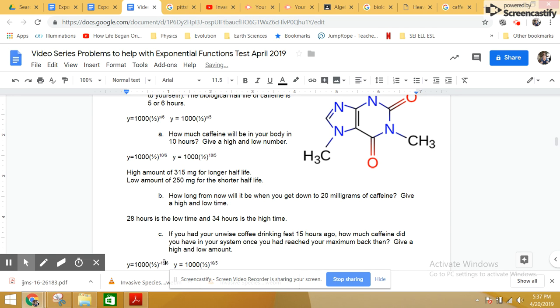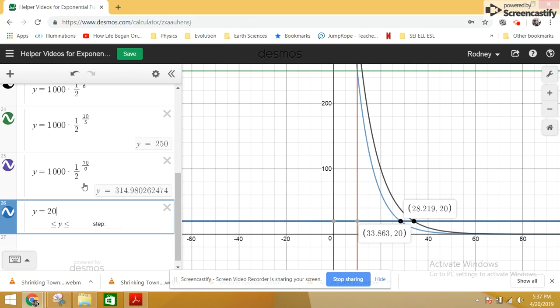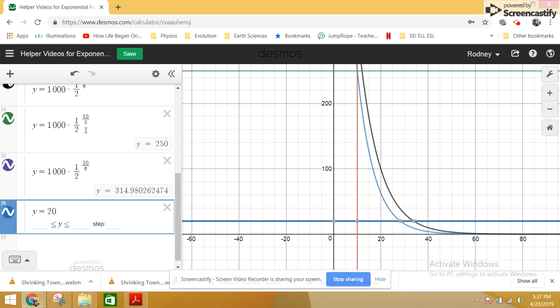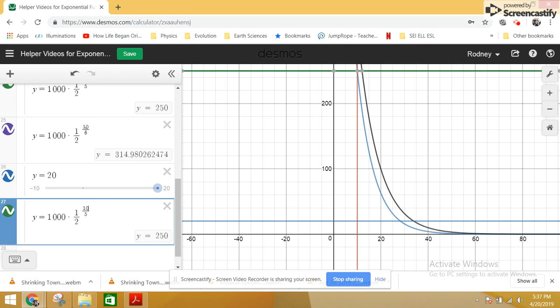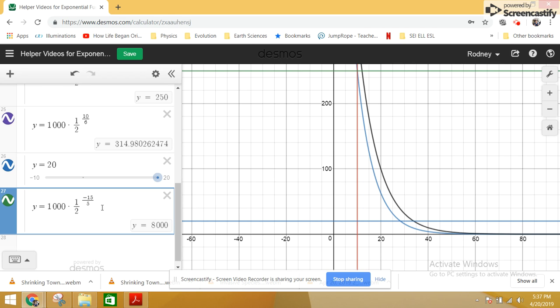So negative 15 and negative 15. We go right back into Desmos, copy this one, negative 15. We had 8,000 milligrams 15 hours ago.